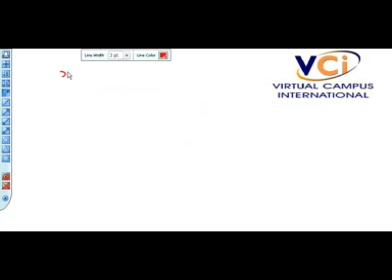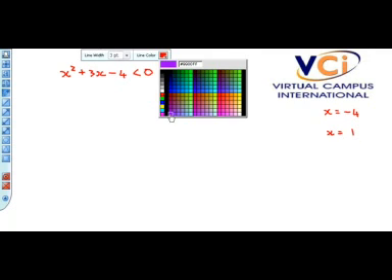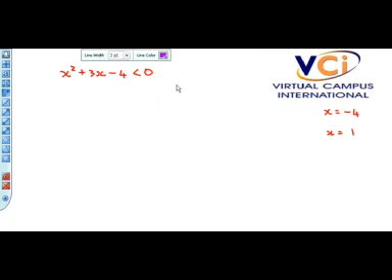Alright, so let me just rewrite it. We had x squared plus 3x minus 4 smaller than 0, and then we solved for x and we got x is equal to minus 4, or x is equal to 1, correct? Yeah. Now, because you have two answers for x, what I'm going to explain now is the same process every single time, it's just the values that will change.